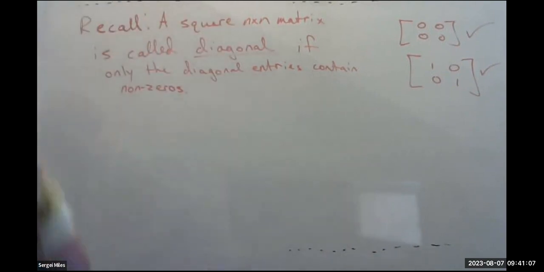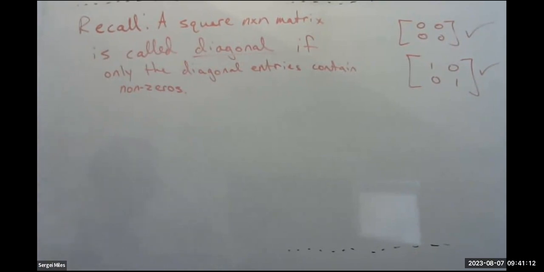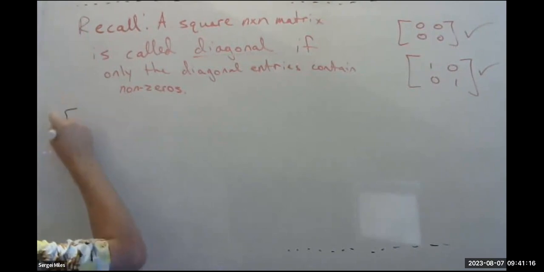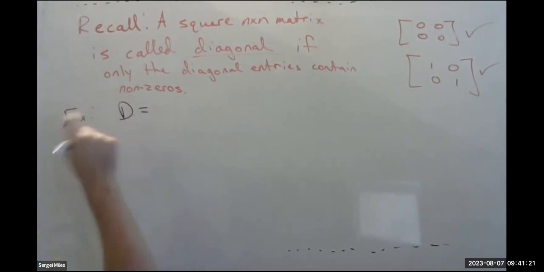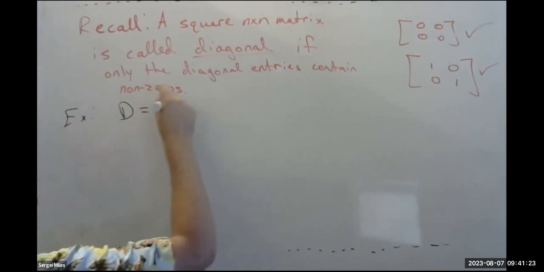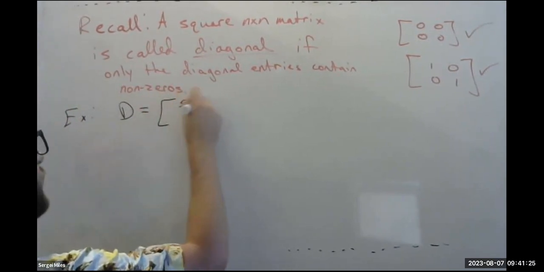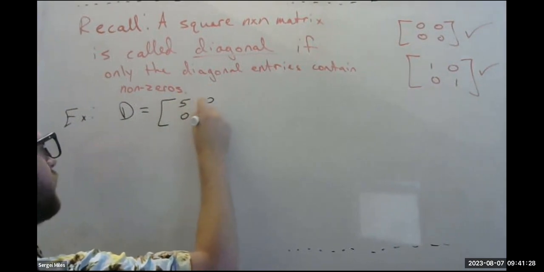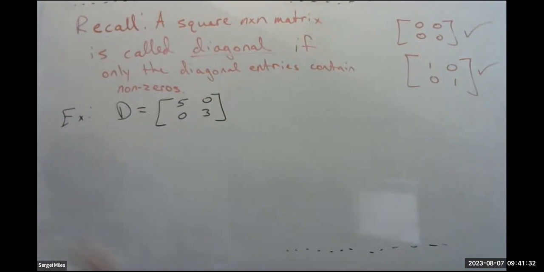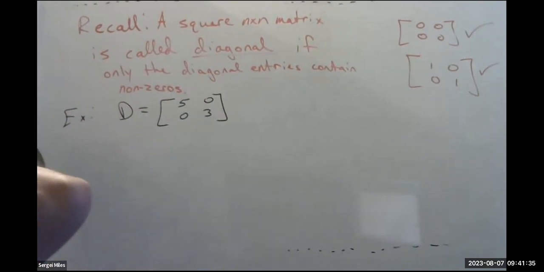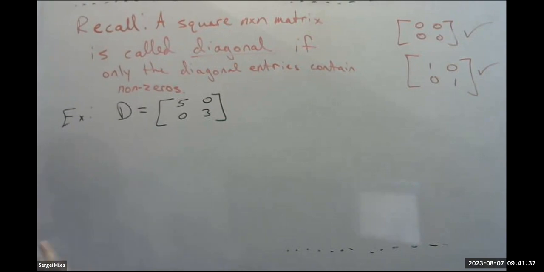Okay, fine. But why do we care? How does this help us? What's special about diagonal matrices? Well, now let's consider an example. The matrix D, so D for diagonal, is going to equal the matrix 5, 0, 0, 3. Now, part of our motivation for today is we want to think about what it means to raise a matrix to a really high power, right?